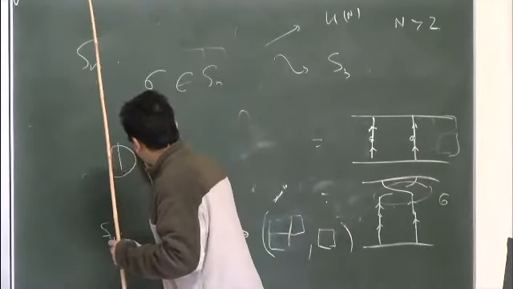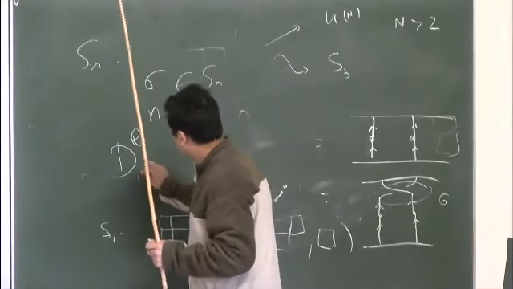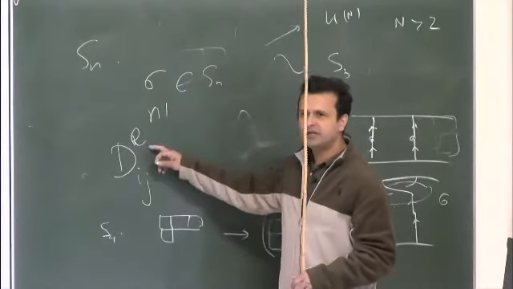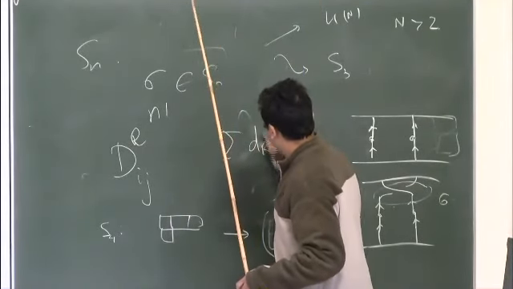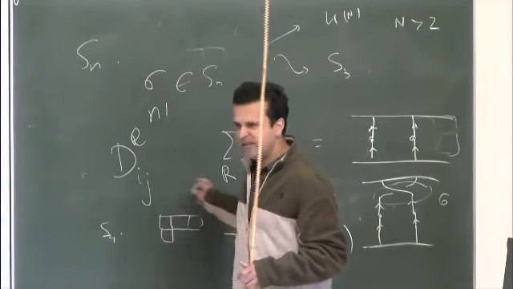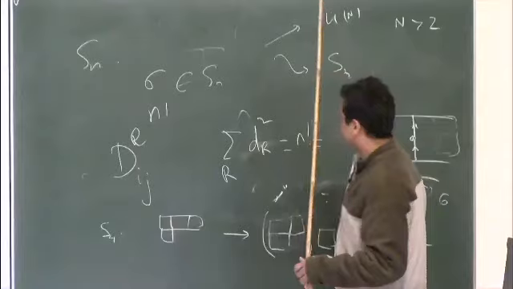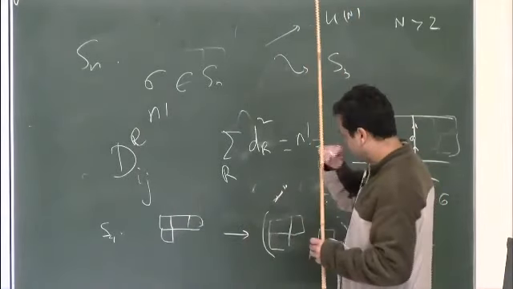So you look at all irreducible representations R and fix a matrix element ij. If you count how many possible things like that there are, you get the sum over R of d_R squared, because i and j run over the dimension of R. And there's an identity that this is n factorial: the sum of dimension squares of reps is the size of the group.